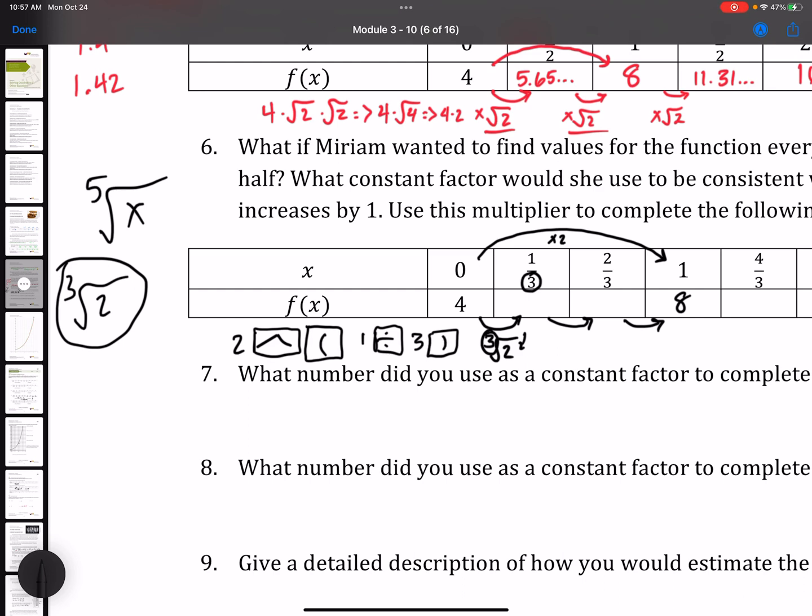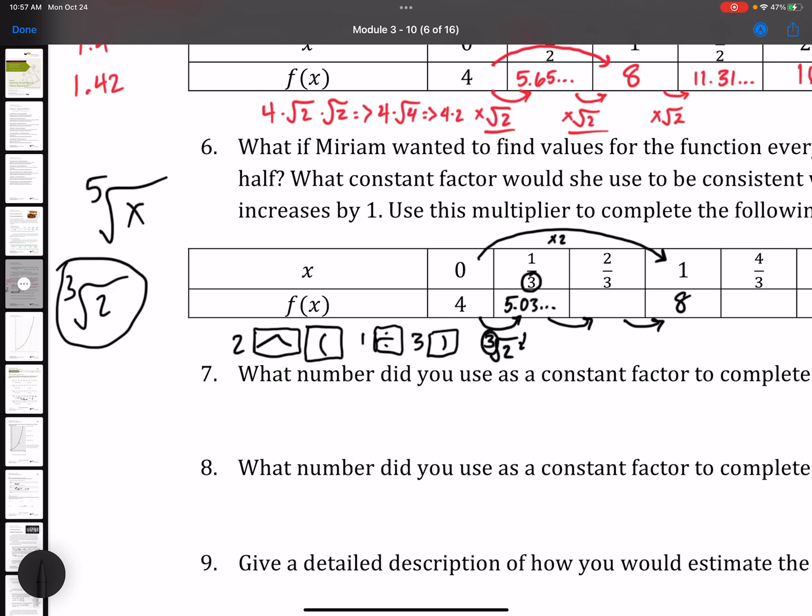Okay, so what did you get? I just want to make sure I did it. So I got 4 times 2 to the 1/3, and I got 5.03... Okay, awesome.